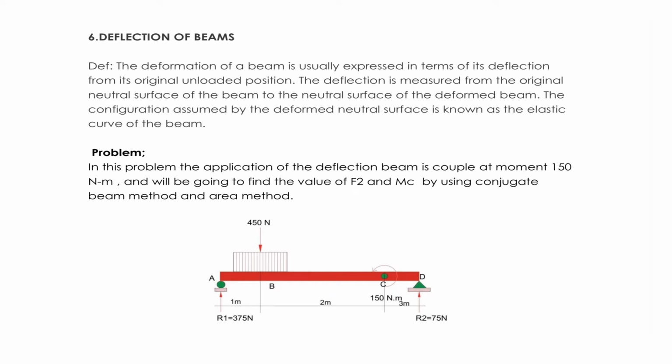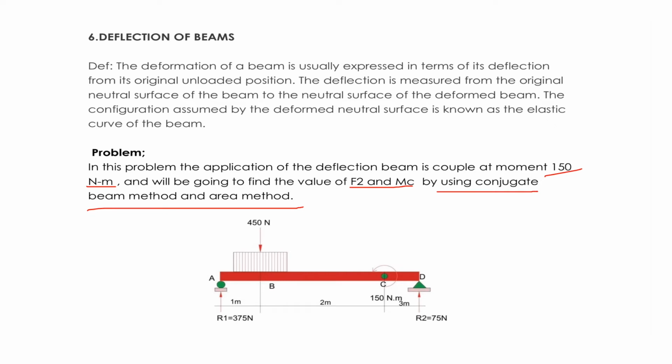So we are going to find it by using deflection of beam with a couple moment at, let's say, 150 Newton meter. Add the value of F2 and Mc that we are going to find by using conjugate beam method or area method. So the 450 acting on this beam is going downwards.